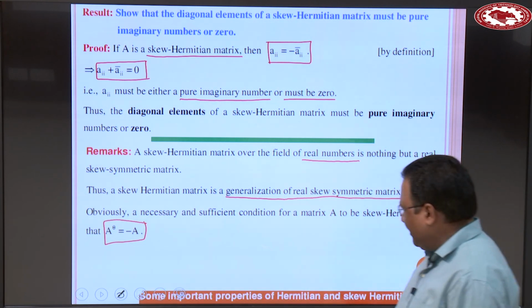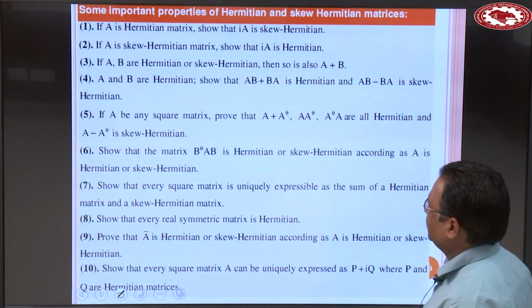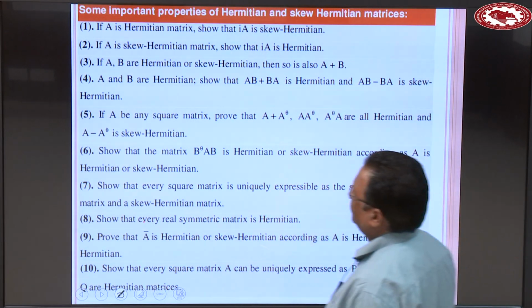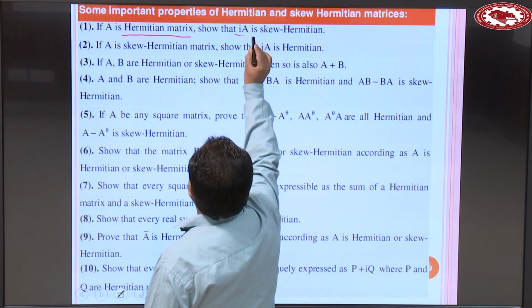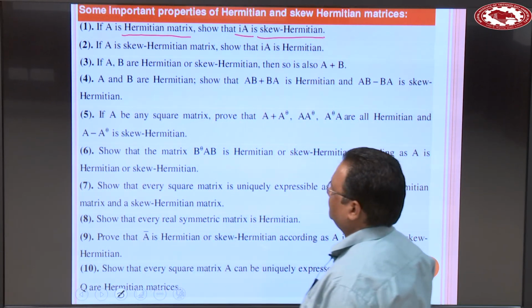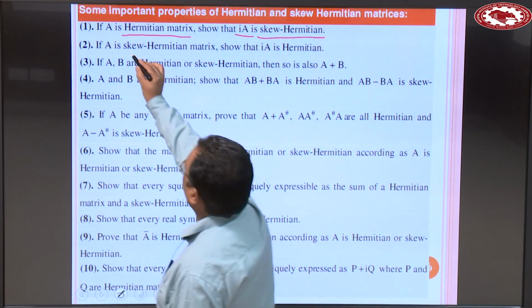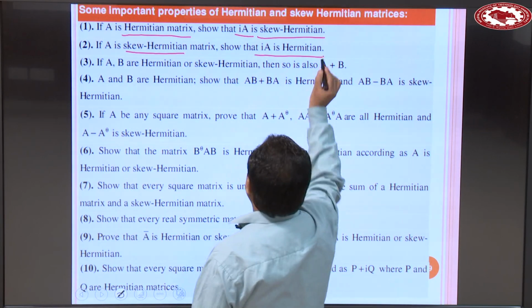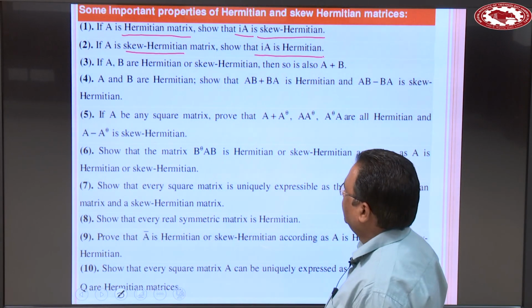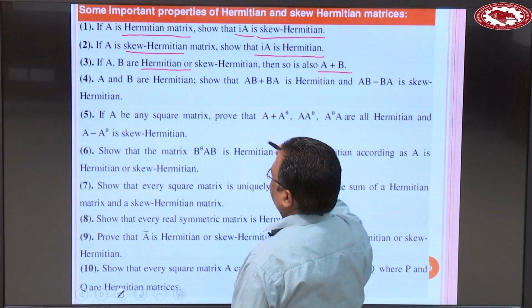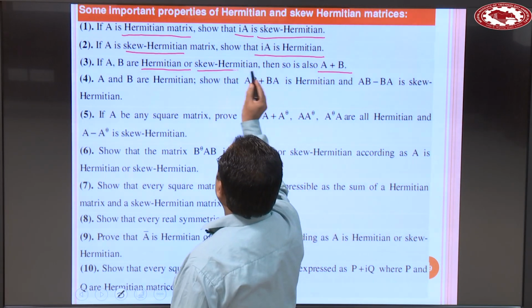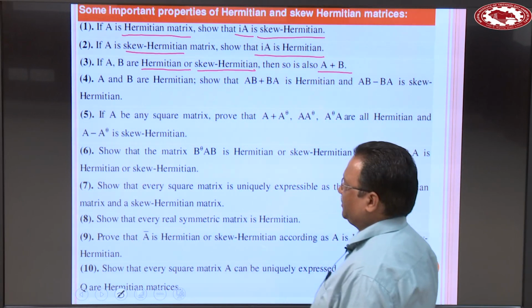Then we have a few properties of Hermitian and skew Hermitian matrices, and those are very important properties. If A is a Hermitian matrix, then iota A is skew Hermitian. If A is skew Hermitian, then iota A is Hermitian. If A and B are Hermitian, then A plus B is Hermitian. If A and B are skew Hermitian, then A plus B is skew Hermitian.